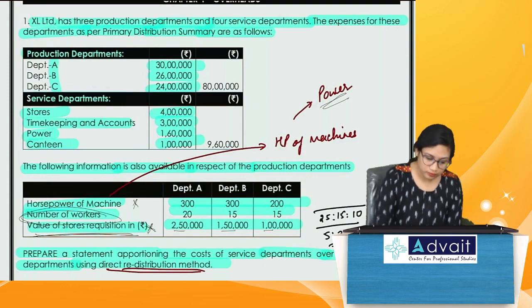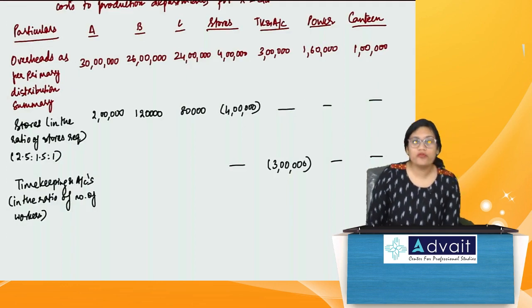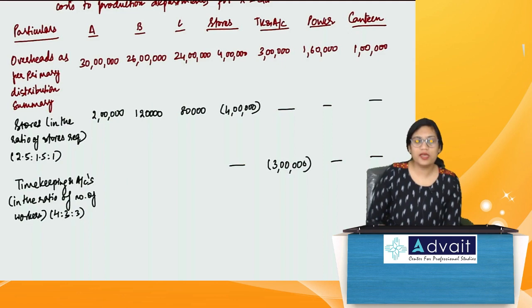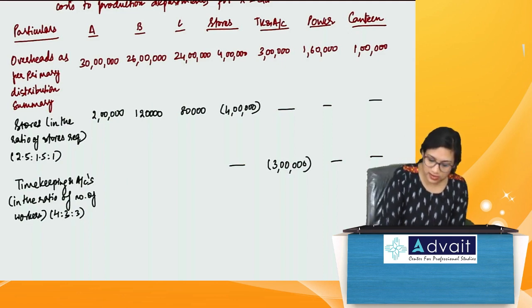20:15:15. 20:15:15 can be written as 4:3:3. So let's divide and see how much we get.